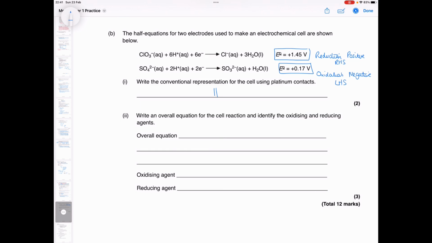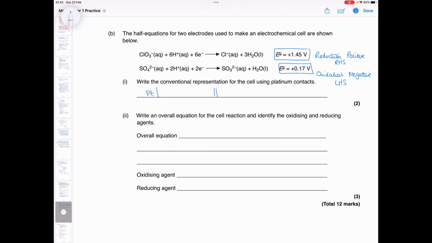So we're going to start on the left hand side with our electrode. Now if we have a look at this, these are all species that are in aqueous solution, so we're going to need a metallic electrode that's not reactive. So we've already discussed one of those today, and that is platinum. So we're going to use a platinum electrode, and that's going to be in the solid state, so we need a phase boundary.